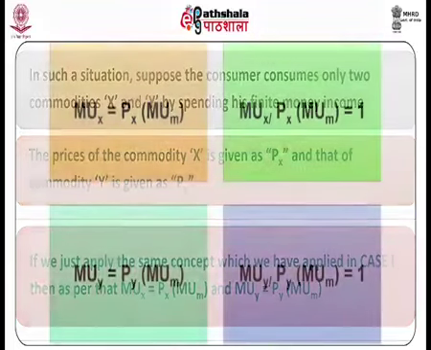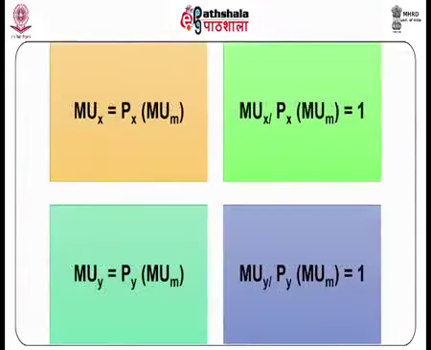Now, MUX is equal to Px into MUM, or MUX divided by Px into MUM is equal to 1. Similarly, MUY is equal to Py into MUM, or MUY divided by Py into MUM is equal to 1.